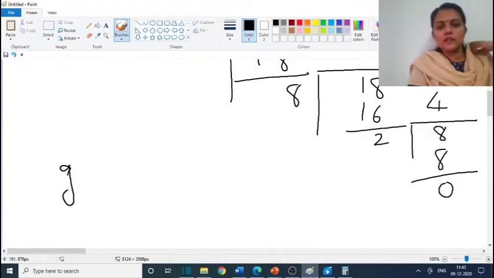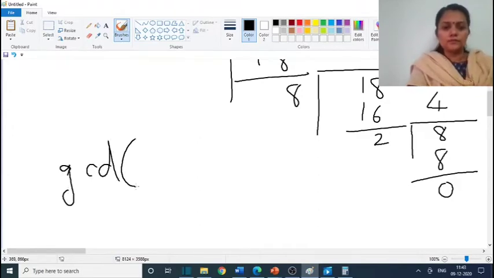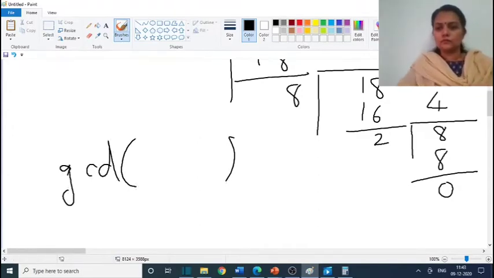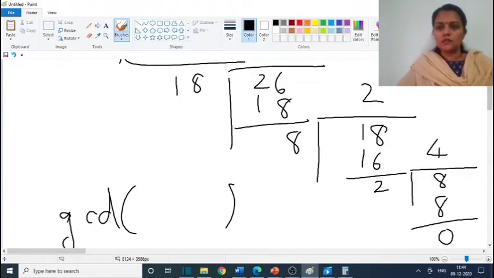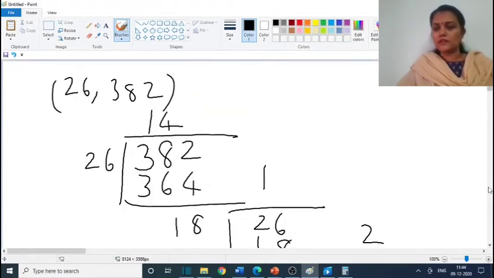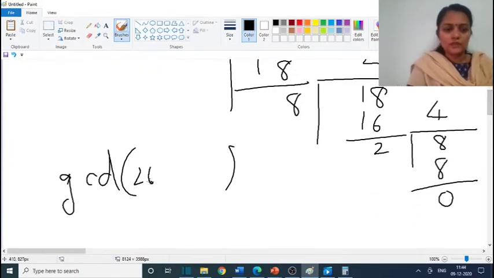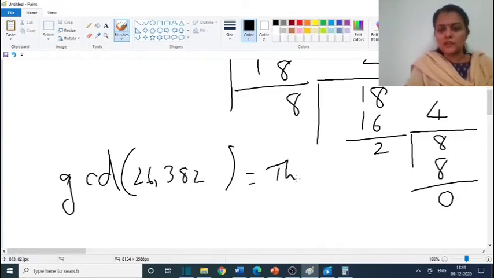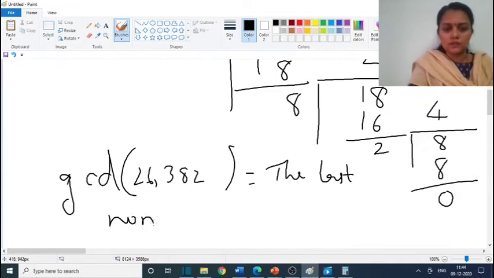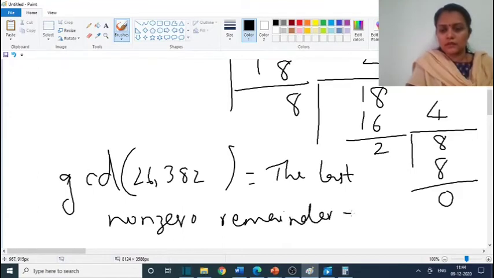Therefore, the GCD of 26 and 382 is equal to the last non-zero remainder, which is equal to 2.